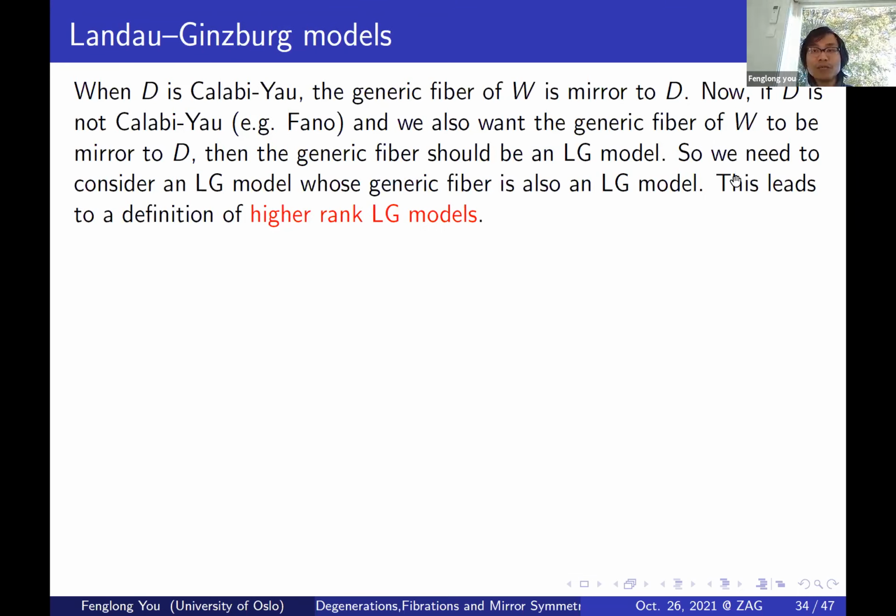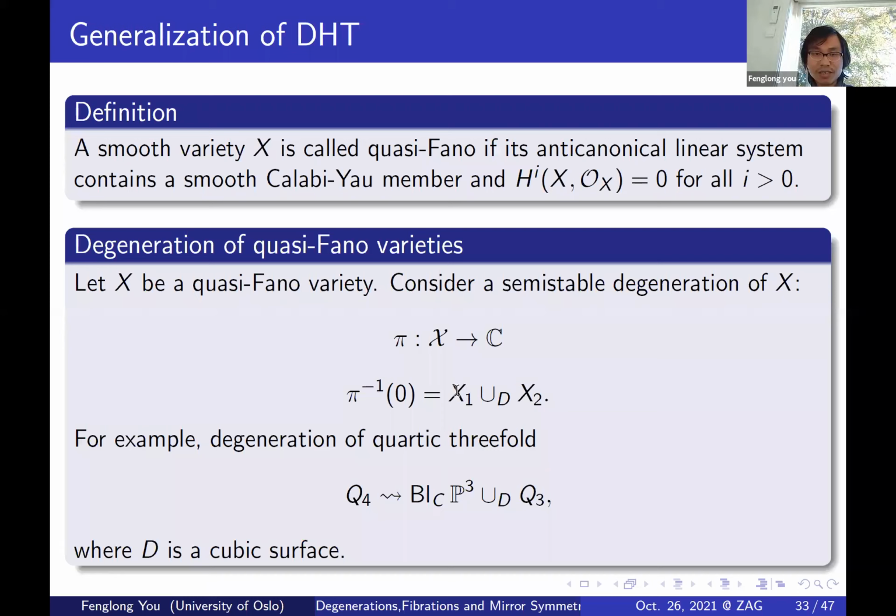If we still want to consider mirror for this X1D and X2D, then that means the generic fiber of W is mirror to D. If we want to consider mirrors for, let's say, X1D, this is not a log Calabi-Yau pair.